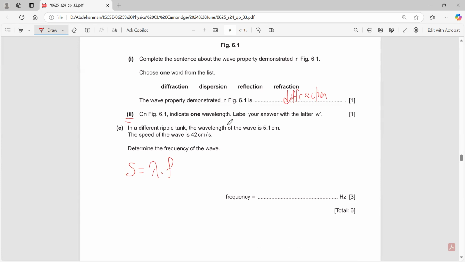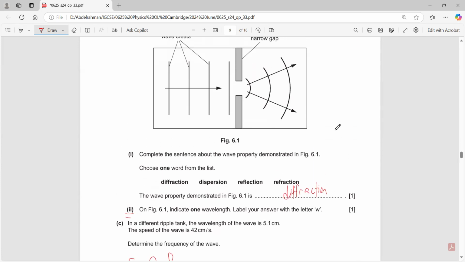On figure 6.1, indicate one wavelength. One wavelength is the distance between two wave fronts. So this is W. Any one of these straight lines is called a wave front.